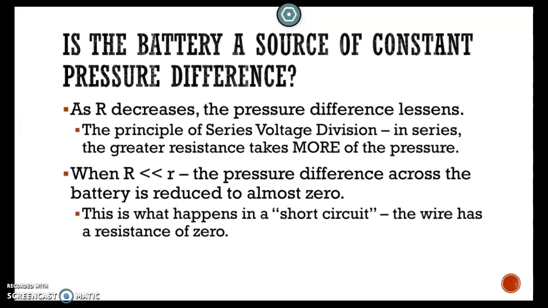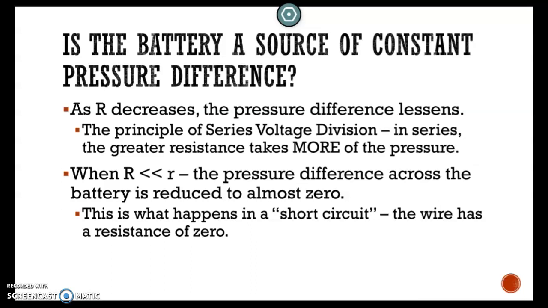Now, as big R, the resistance of the circuit, decreases, the pressure difference lessens. If you remember what we talked about a week ago regarding the principle of series voltage division, when you have different components of a circuit in series, the component that has a greater resistance takes more of the pressure.